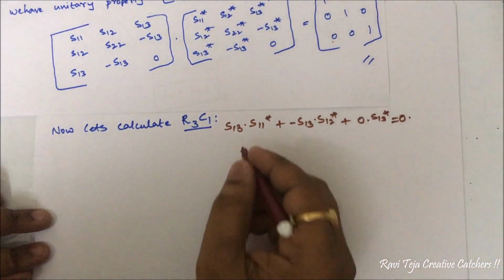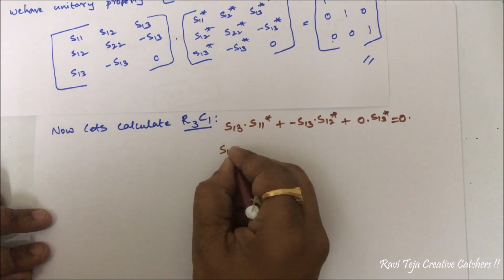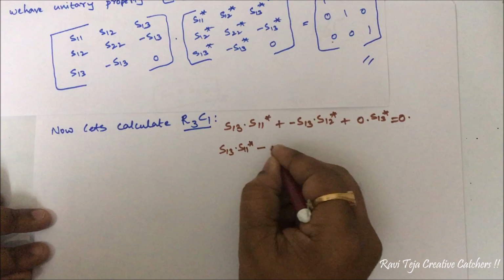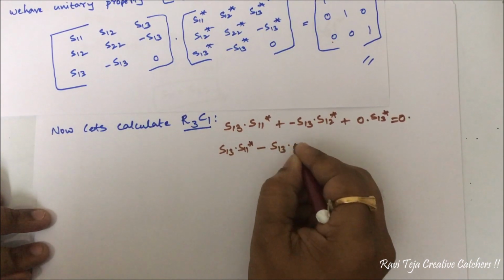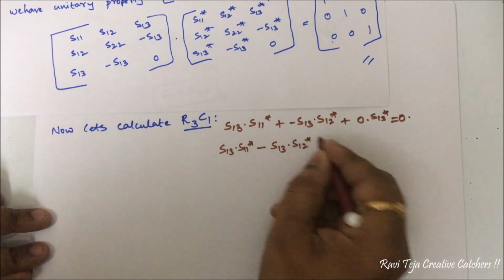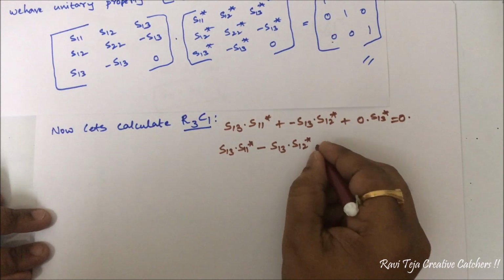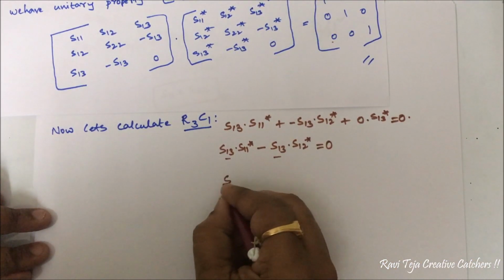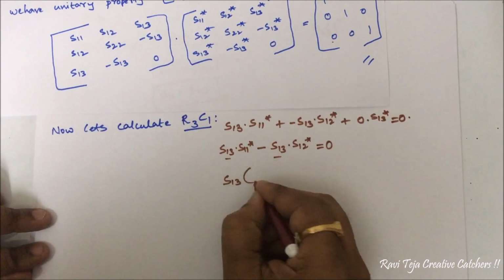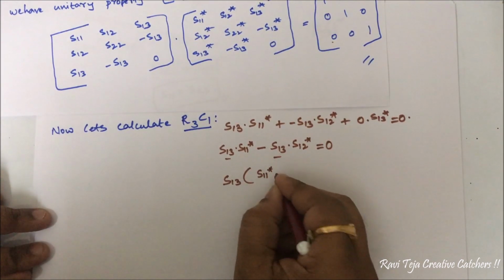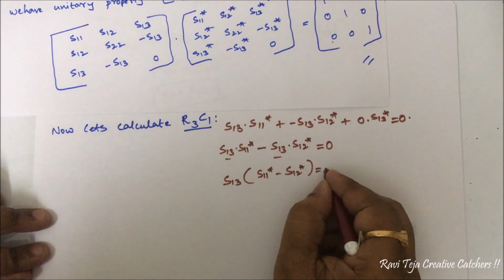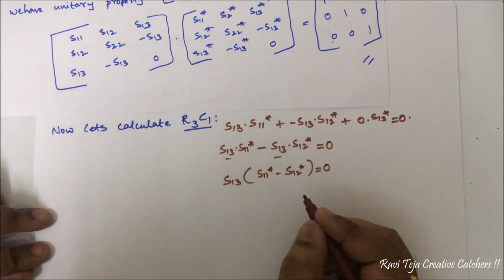Now, let us rewrite this: S13 into S11* plus minus S13 into S12*, that becomes 0. So, take the common terms, S13 times (S11* minus S12*) is equal to 0.